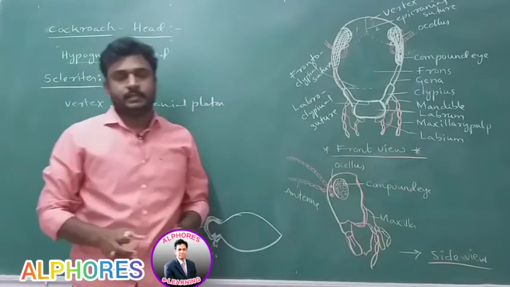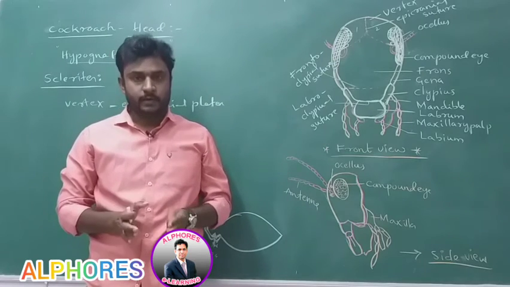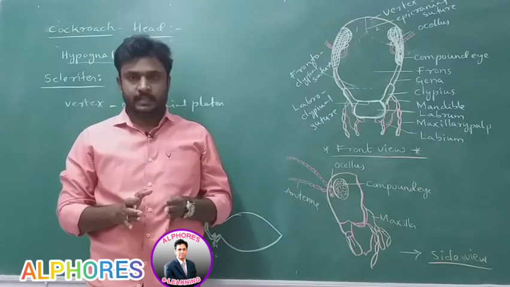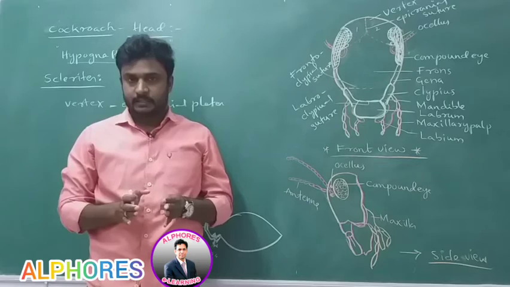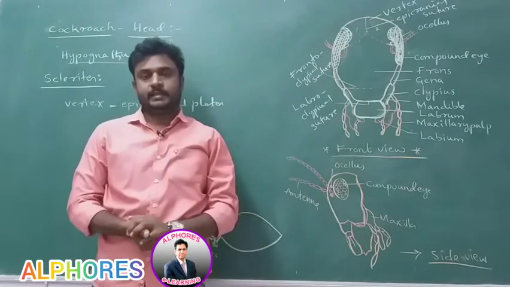So the vertex, the top of the head between the compound eyes, is covered with two epicranial plates.